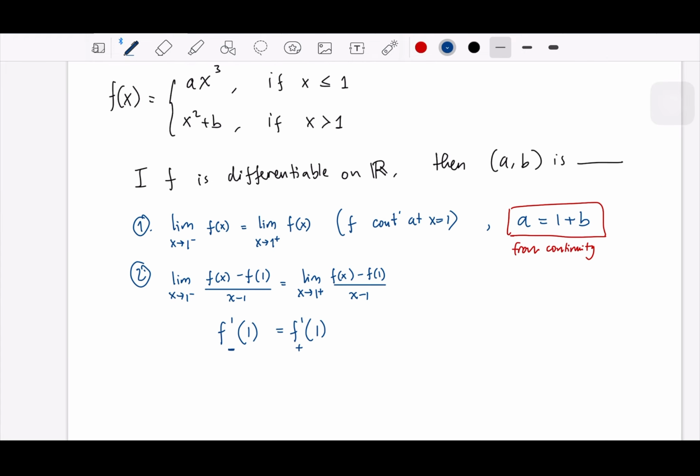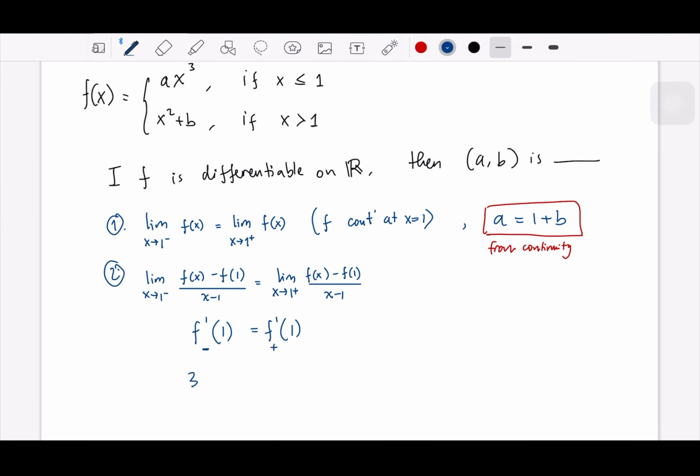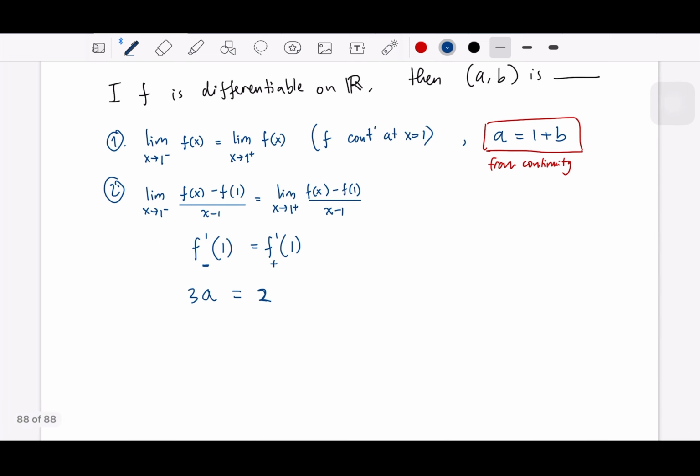So this will be 3a equal to, oh wait, why 2a? Just 2x, right? 2. So a will be 2 over 3, and b will be 2 over 3 minus 1, or negative 1 over 3. So a, b will be 2 over 3, negative 1 over 3.